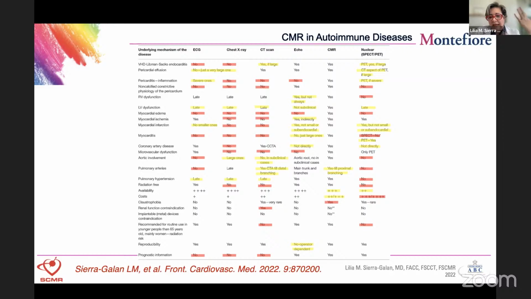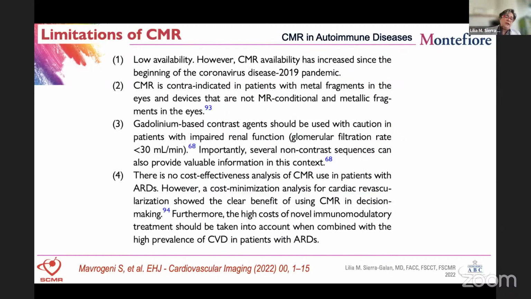The technique that has more options available is CMR. The others have limitations. CMR obviously has limitations, but it has more options than the other methods. So it is a very good methodology for this type of disease that should be implemented in the routine.